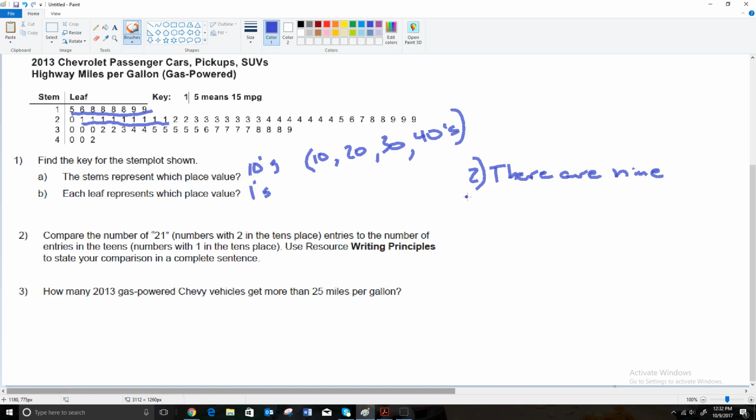There are 9 vehicles with a gas mileage, or miles per gallon, of 21 in the 2013 Chevy vehicles.